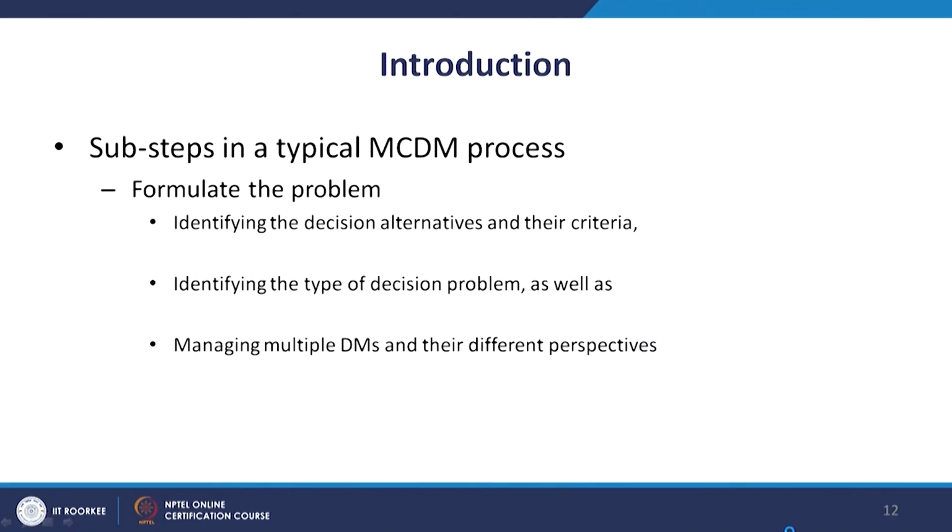Now, managing multiple DMs and their different perspectives: while we are formulating the problem, if more than one DM is involved, then we need to understand their perspective regarding the formulation of the problem as well.